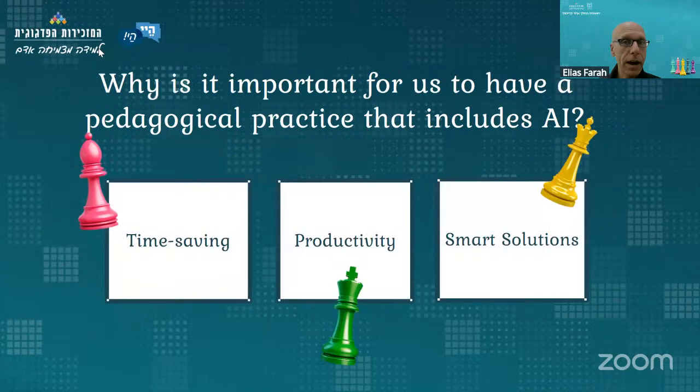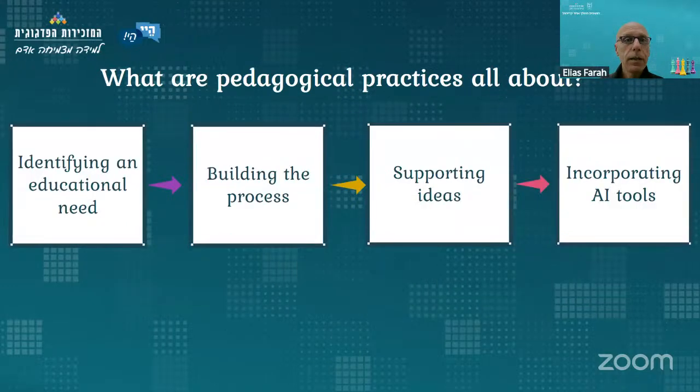And why use AI in creating practices? Because it saves time. It's also more productive and optimizes teaching practices. And finally, it offers us smart solutions. So how did we create these practices? First of all, we identify an educational need.